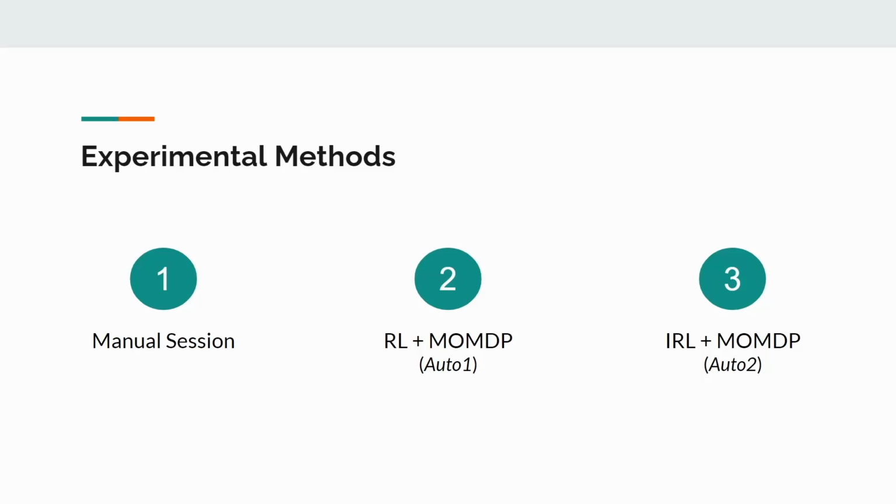In the experiments conducted by the paper, there were 3 experimental methods: a manual method in which verbal annotations were used for the data, a method called Auto 1 in which they use reinforcement learning in the MOMDP construction, but in this case the reward functions were manually hard-coded, and the third method, which is the method introduced in the paper, Auto 2, using clustering and IRL.